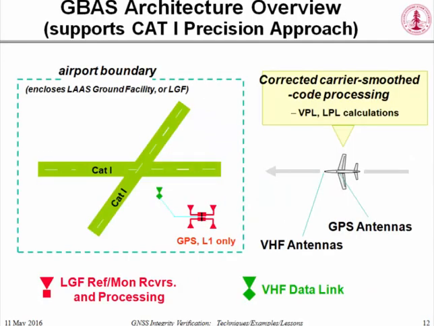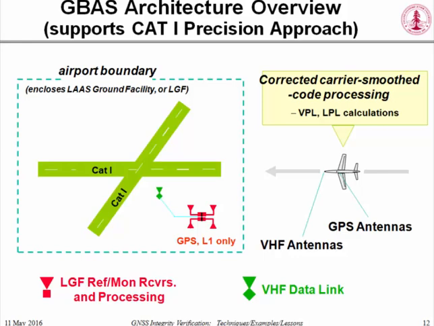Now briefly, because I'll be talking about threats related to GBAS, ground-based augmentation, I'll just talk briefly about what ground-based augmentation is. At an individual airport, we site four or more reference stations at known locations so we can measure and estimate the errors in each GPS satellite.